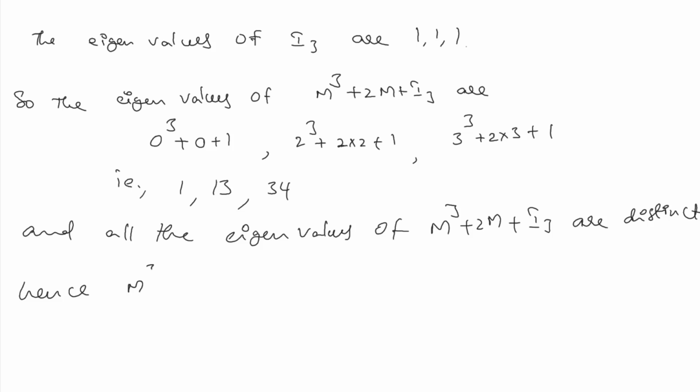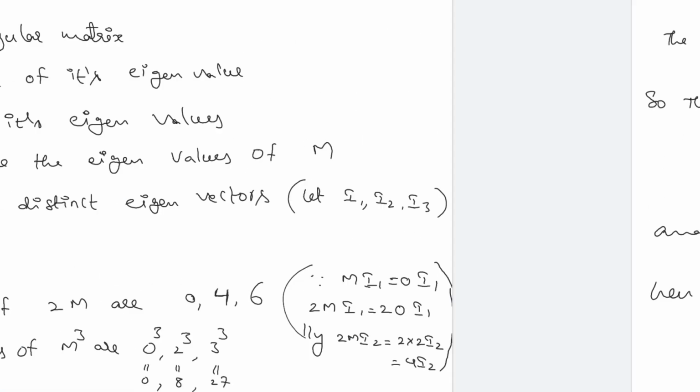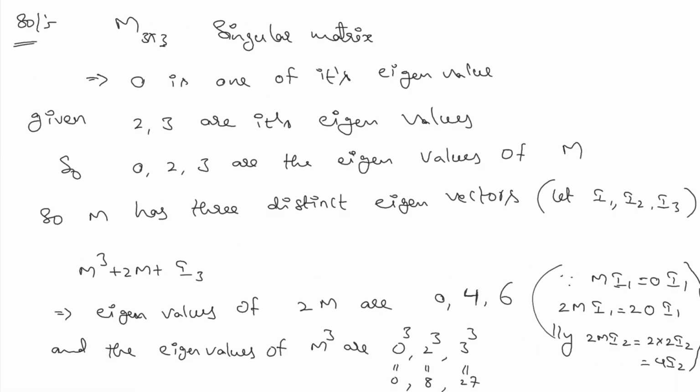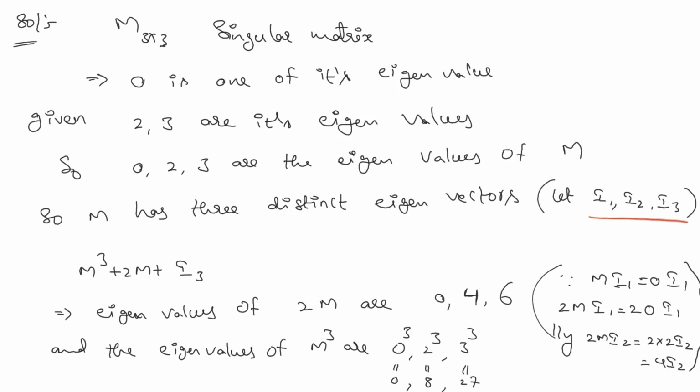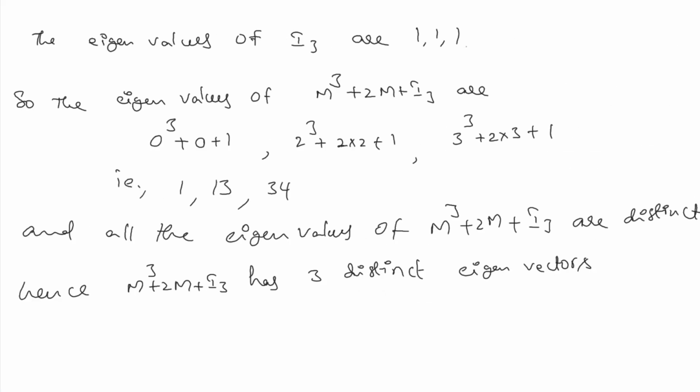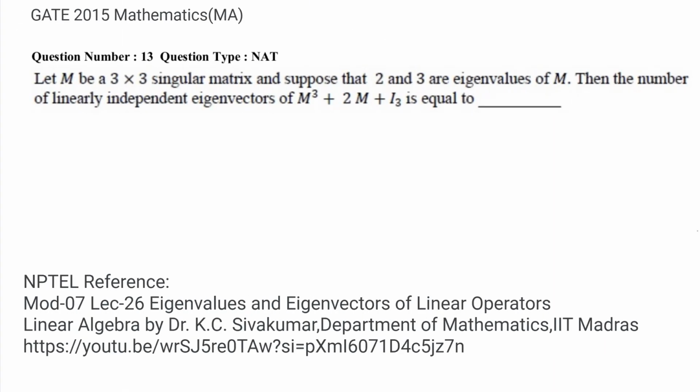Hence, M cube plus 2M plus I3 has 3 distinct eigenvectors, and those are the vectors I1, I2, I3, corresponding to the eigenvalues 1, 13 and 34. Hence the total number of linearly independent eigenvectors of this matrix is 3.